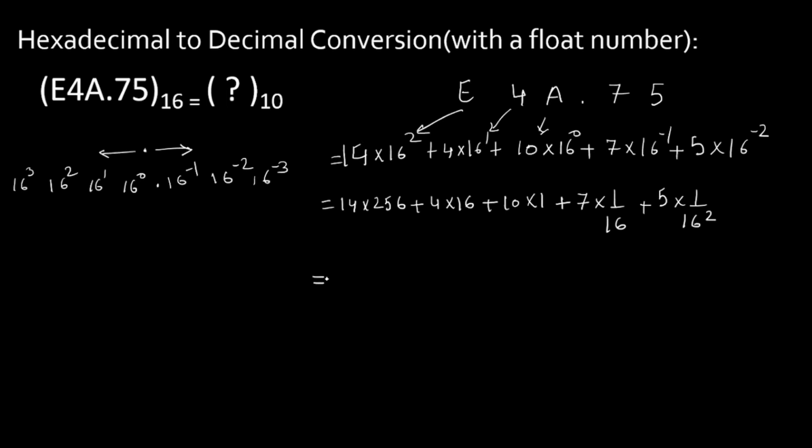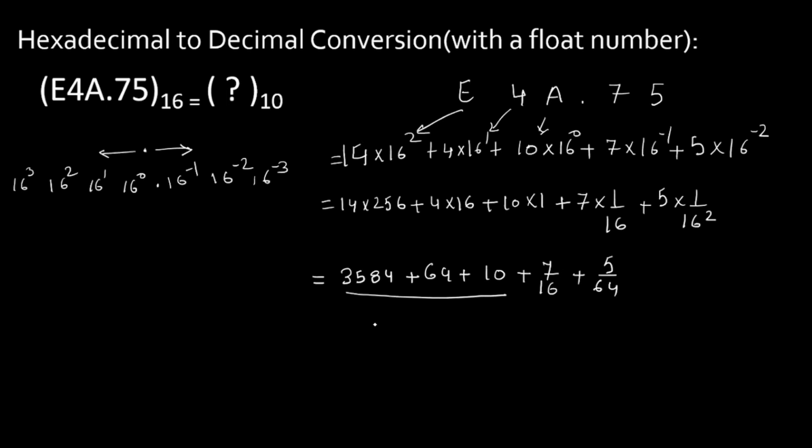Now when we multiply these numbers, we will get 3584 plus 64 plus 10, and this will be 7 divided by 16 plus 5 divided by 256.